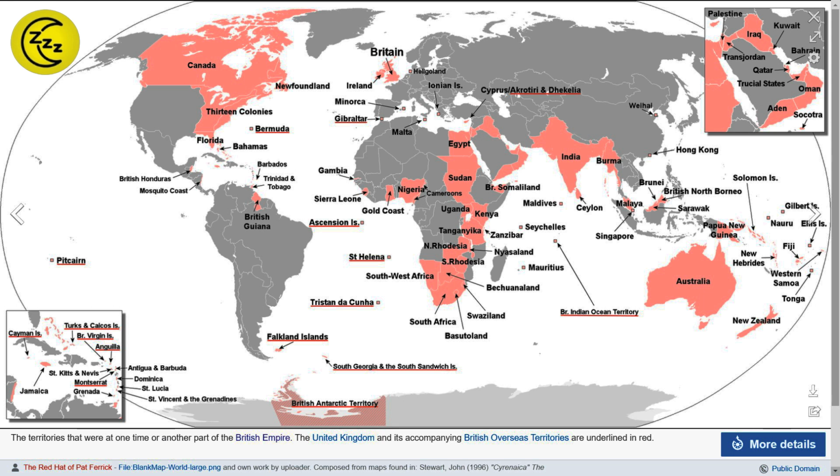The French completion of the Suez Canal in 1869 provided Britain with a much shorter sea route to India.